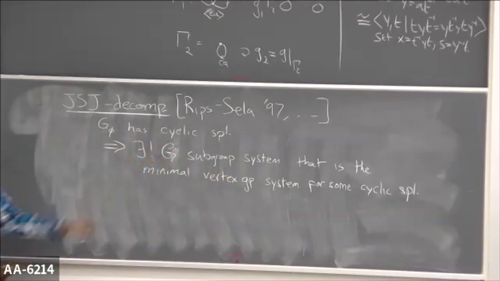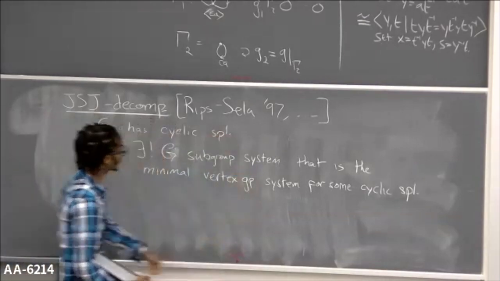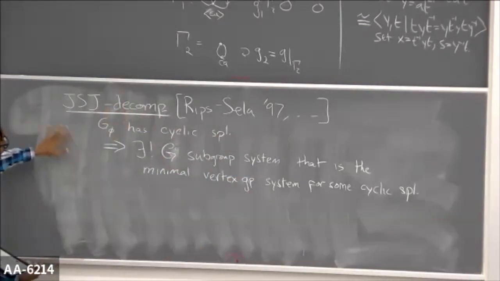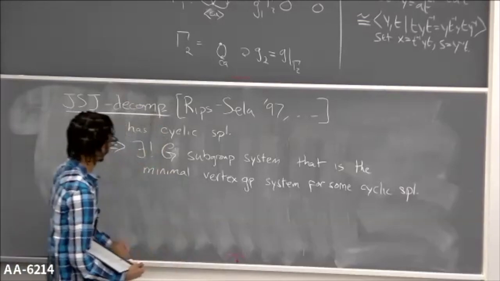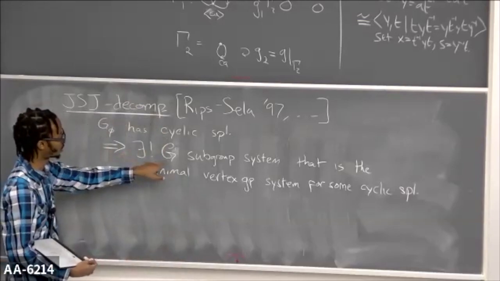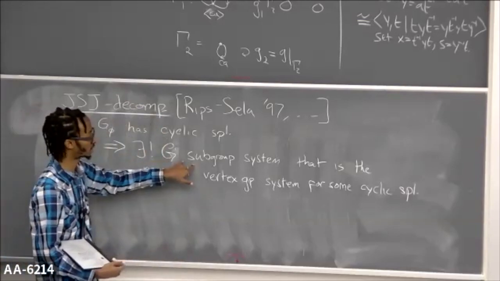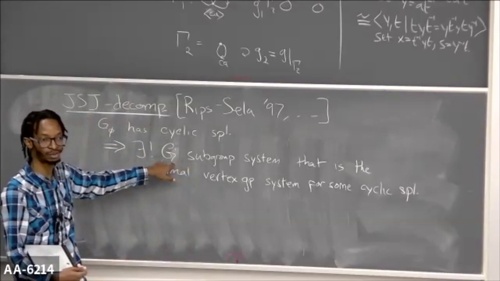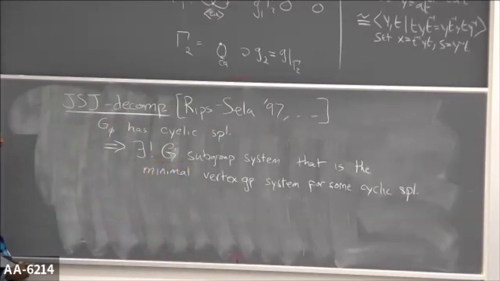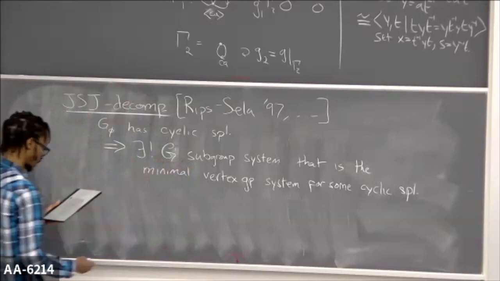There's more, there's a JSJ tree. It's unique up to deformation, but I don't want to get into that. But the most important thing is that there's a unique thing you can define that's like a smallest vertex group system for cyclic splitting.